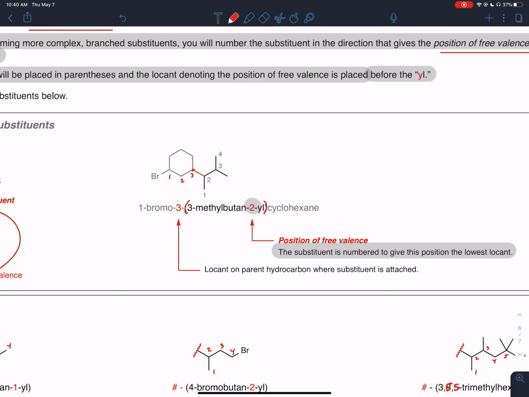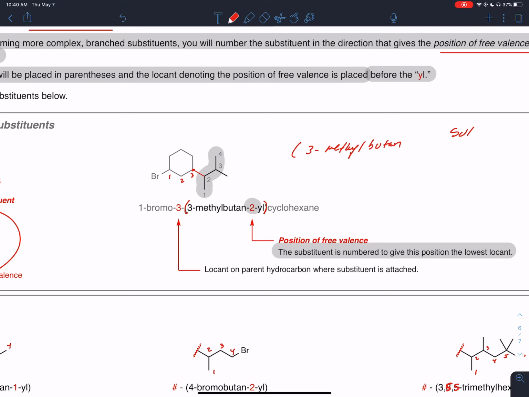We're saying that on our 4-carbon chain, at the 3 position, there's a methyl. So we're saying we have 3-methyl, and the substituent length is 4 carbons. So we say butan. So we use our alkanyl. Notice we have AN instead of but, which is normally how we would name a substituent, just butyl.